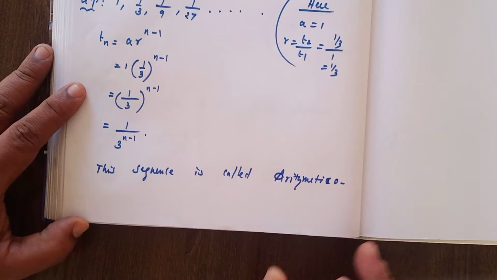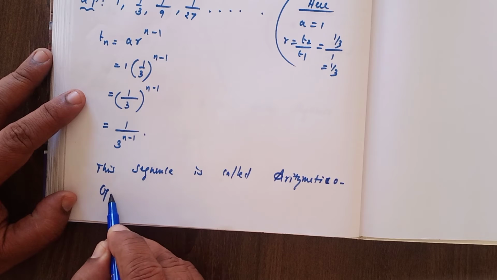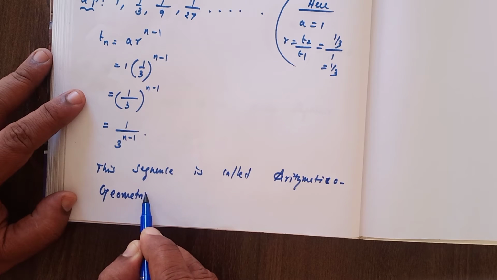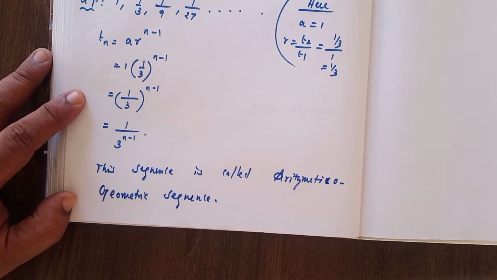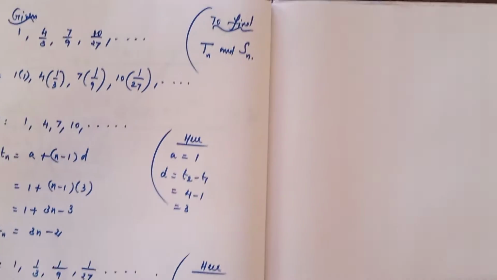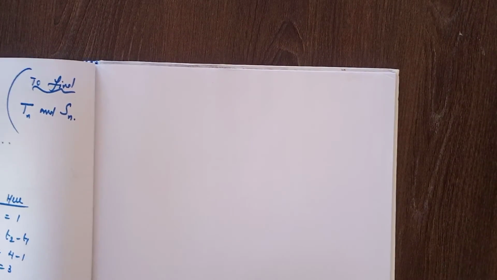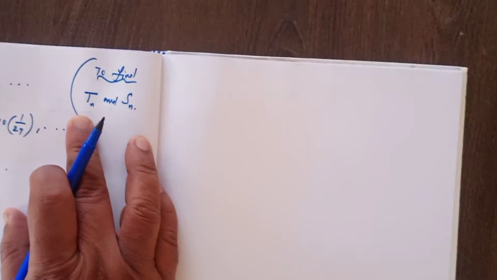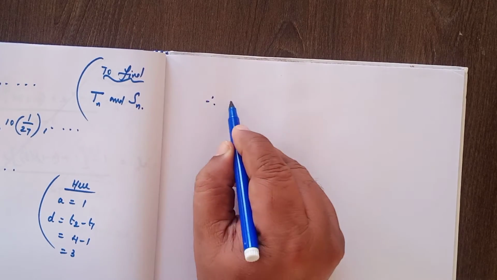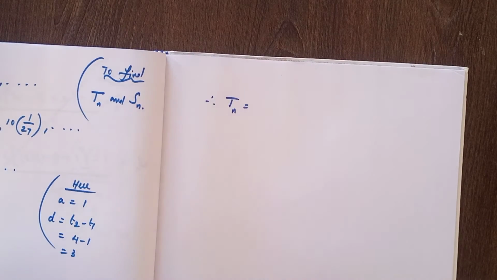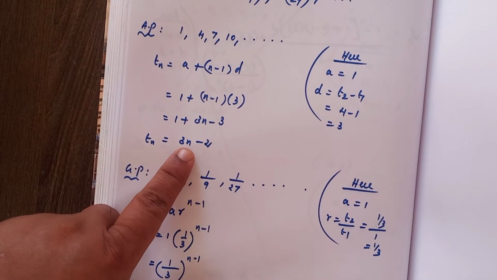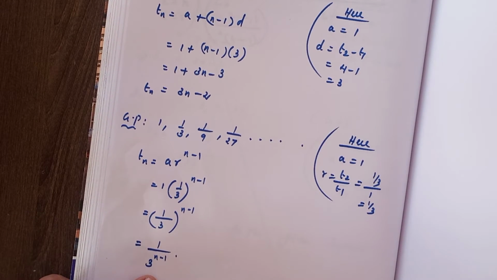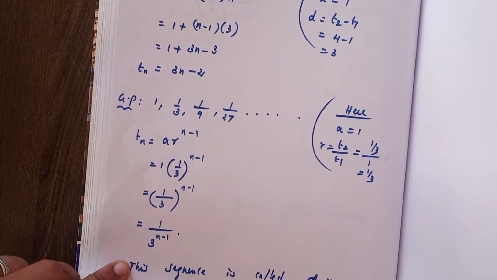Therefore, Tn for the given sequence is the product of the AP term and the GP term. The AP term is 3n minus 2, and the GP term is 1 by 3 power n minus 1.